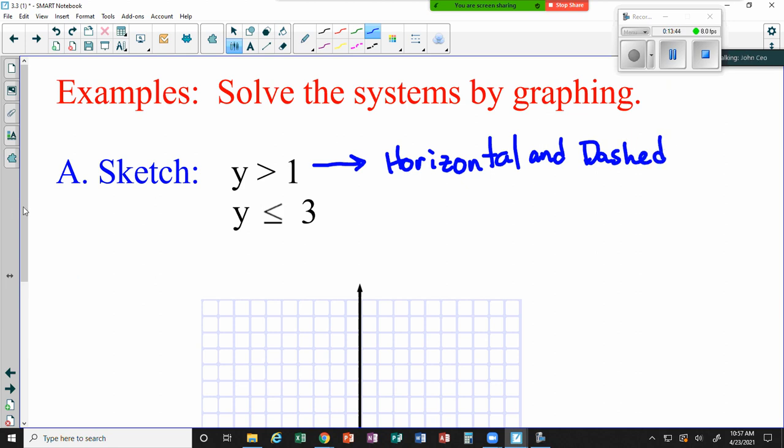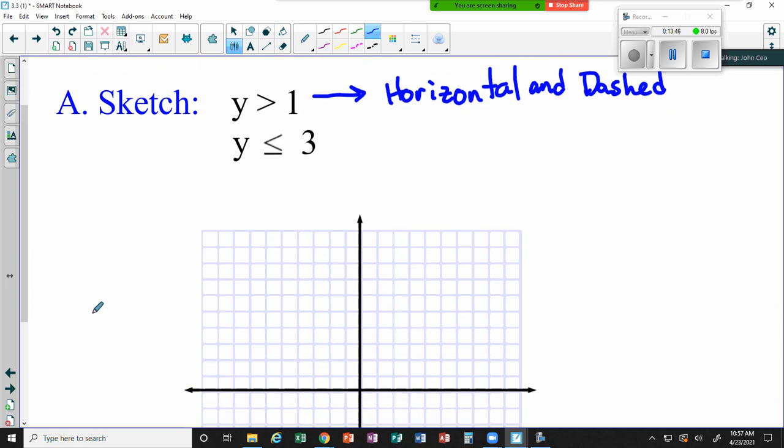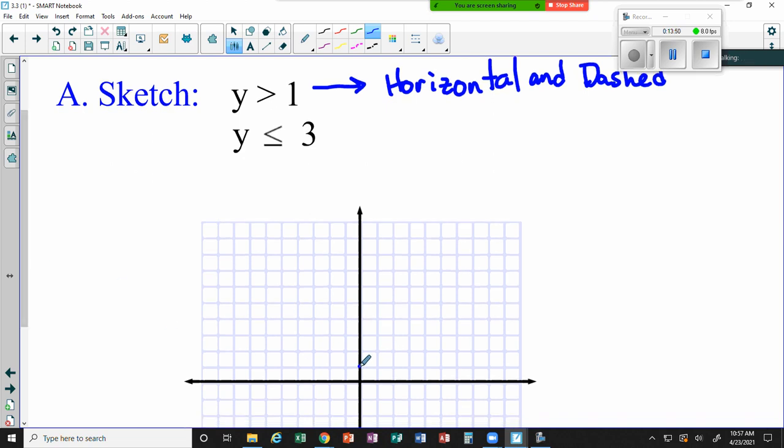So now, if it's just y, I go to where y is equal to 1. Where's y equal to 1? Y is equal to 1 right here, right? Everywhere along this line, we said it's horizontal. Y is always 1 everywhere along this line. We said we needed a dashed line, so when I draw this in, I'm going to draw a dashed line in. Okay?